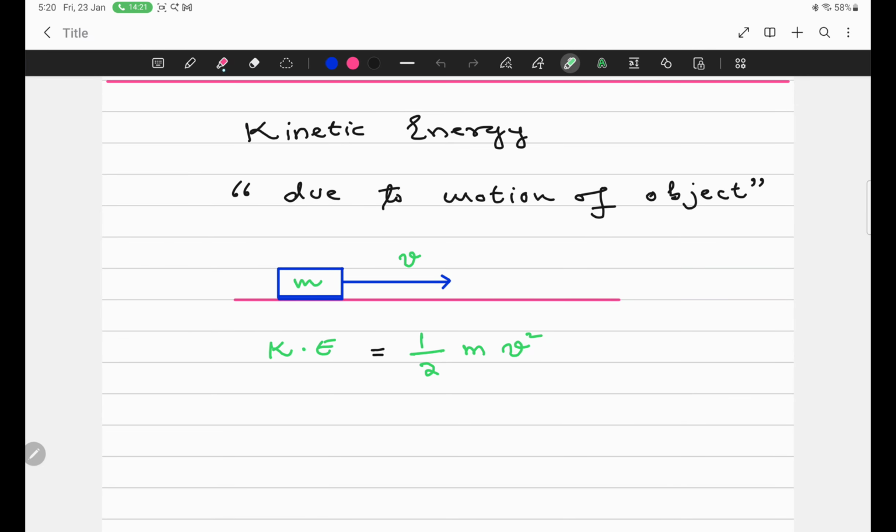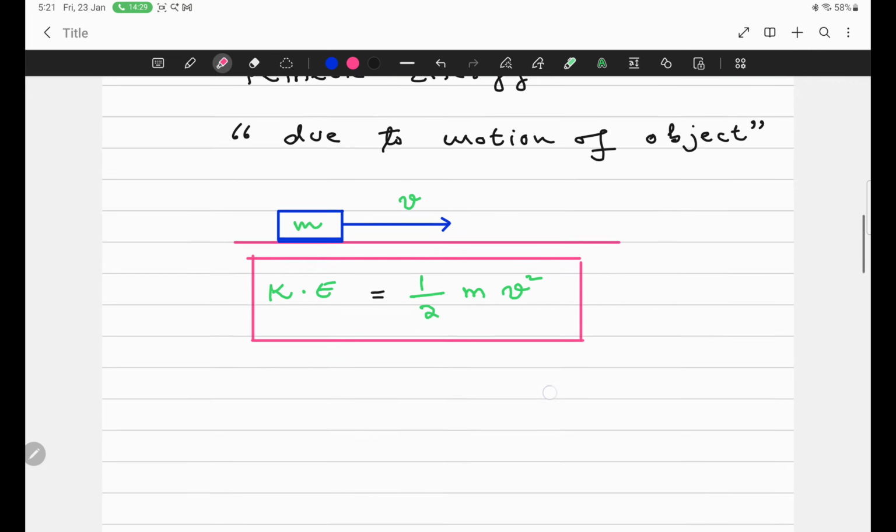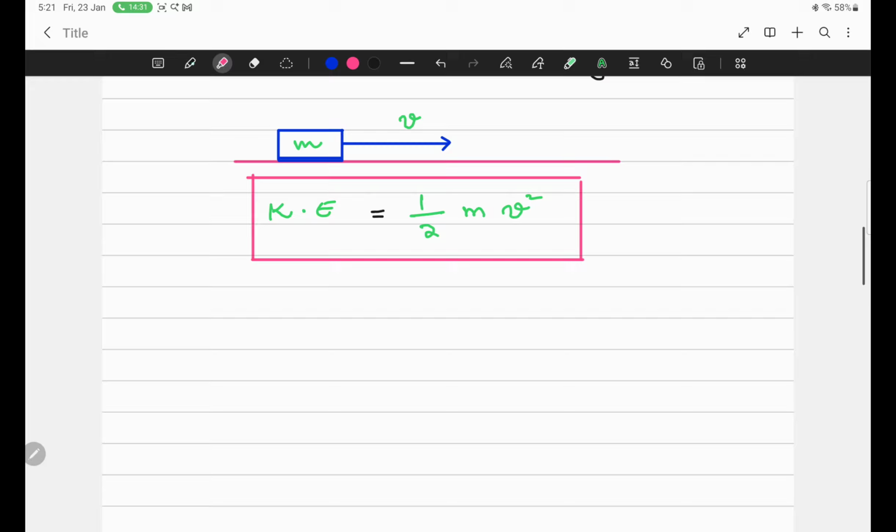And I think you should note down only this formula. Kinetic energy equation is half mv squared. And now I am teaching you potential energy. Sir, what is potential energy? Potential energy is defined as: consider a block is placed on ground.